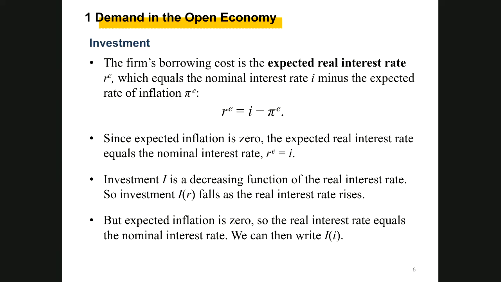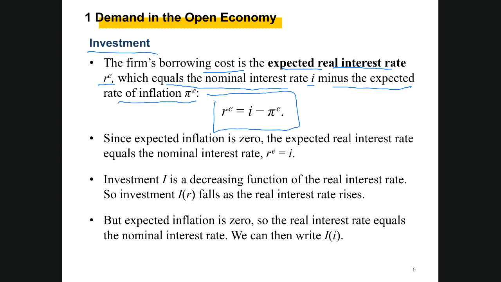Secondly, the investment. Okay. So the firm's borrowing cost is the expected real interest rate, which equals the nominal interest rate minus the expected rate of inflation. What do we call this equation?